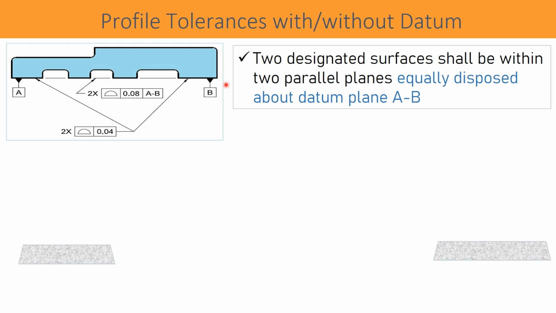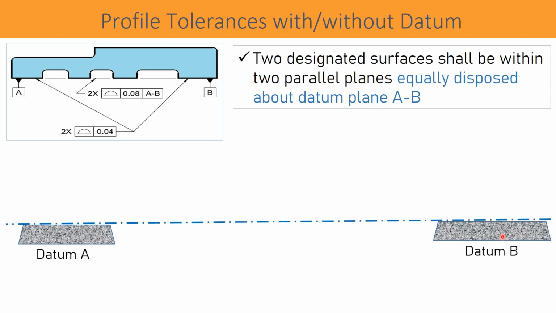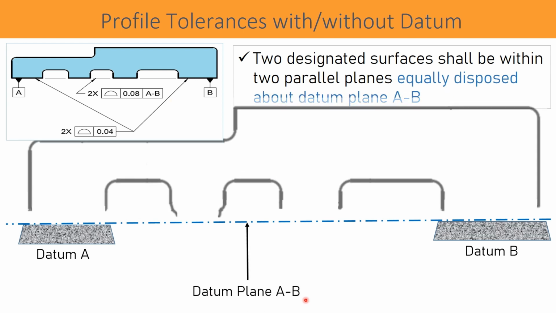So, let us understand with this. For example, these are datum A and datum B simulators. Okay. So, making a common plane between A and B, A dash B is called a common datum, or datum plane AB simply.